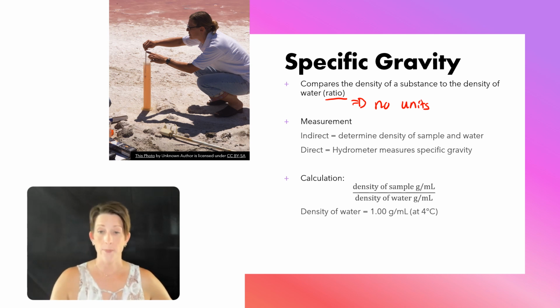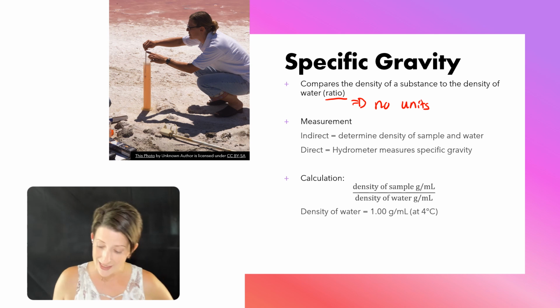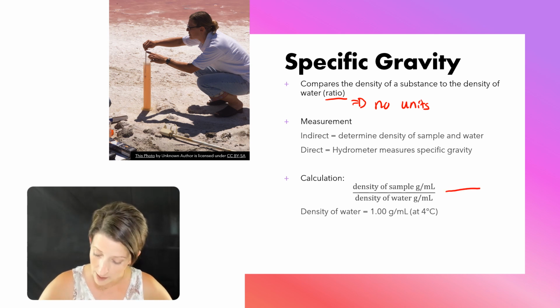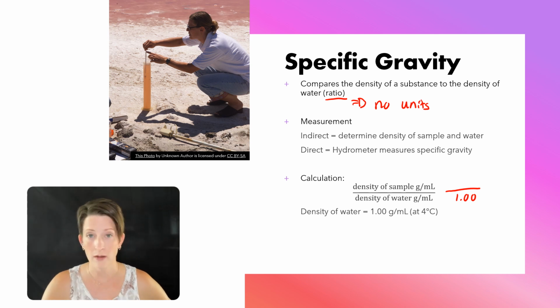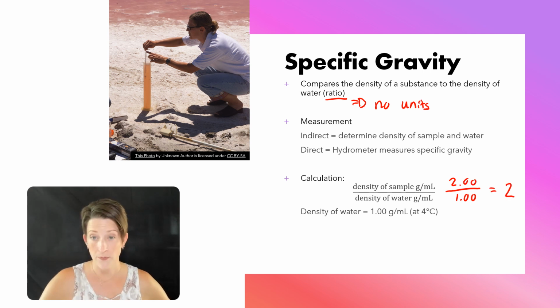All right, so what we look at with this calculation is we have the density of the sample over water, and we're just going to use 1 for water to make it easy. So if the density of the sample is 2.00, the specific gravity is going to be 2, which is above 1, so it's going to be more dense.